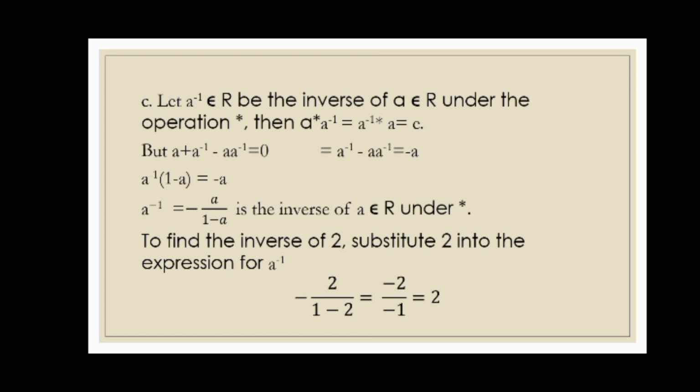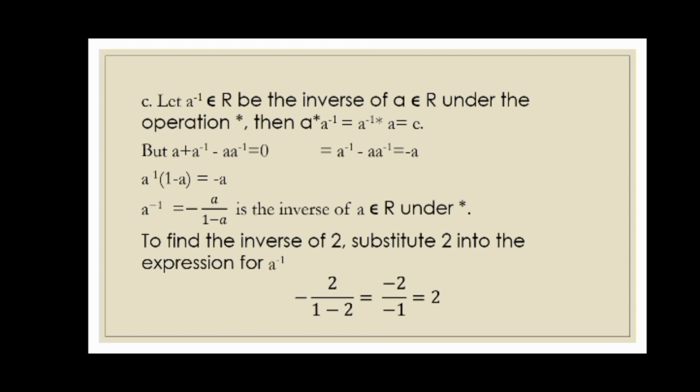So A inverse minus AA inverse is equal to negative A. Move the A from your left hand side to the right hand side, it becomes negative A. Let's factor the A inverse out.